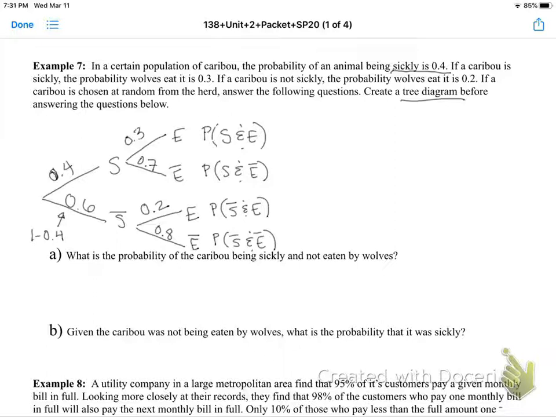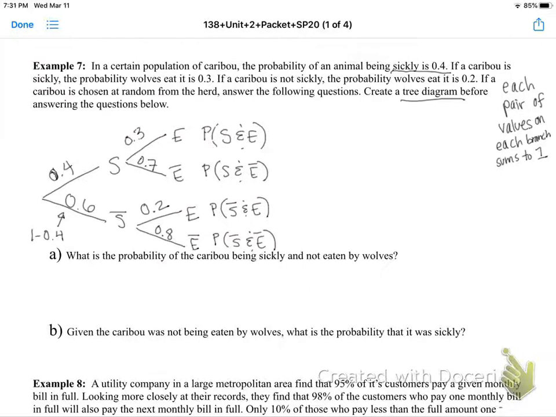So I want to emphasize here that each set of branches, each pair of values on each branch, sums to 1.